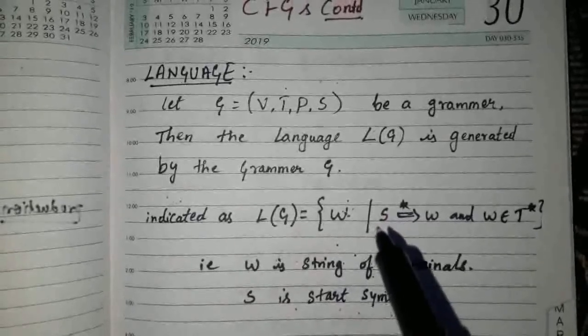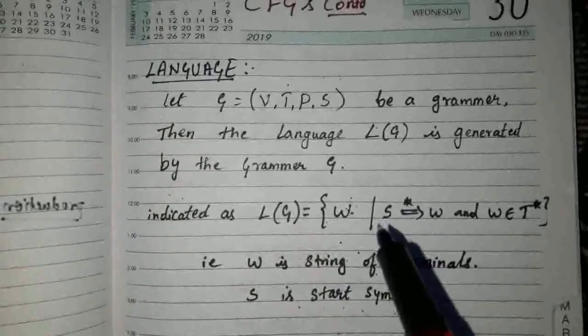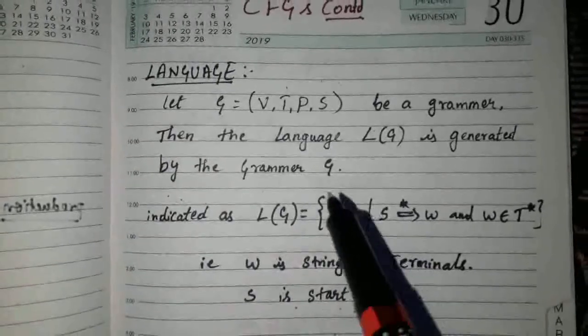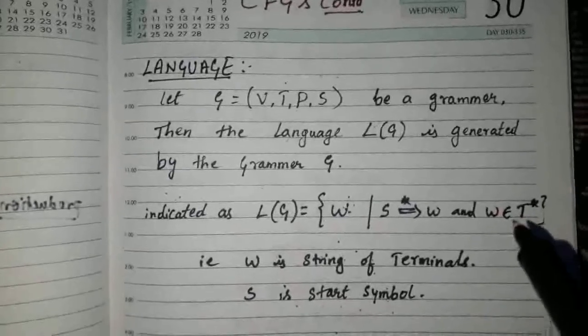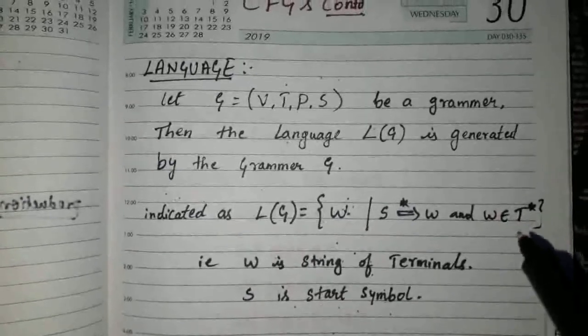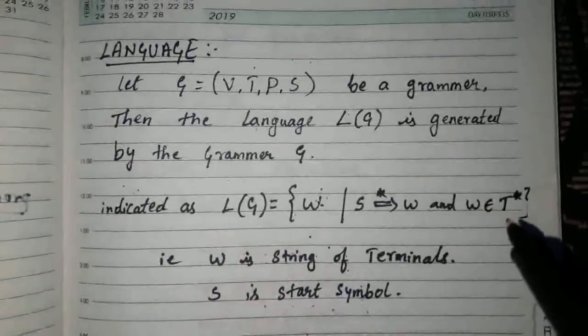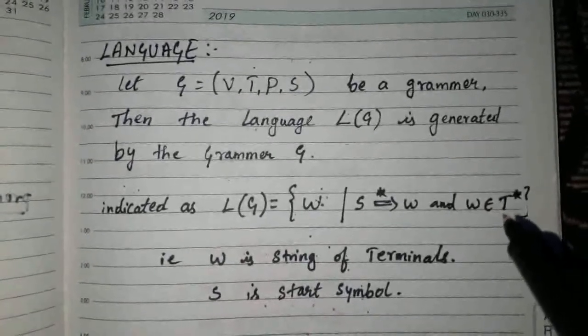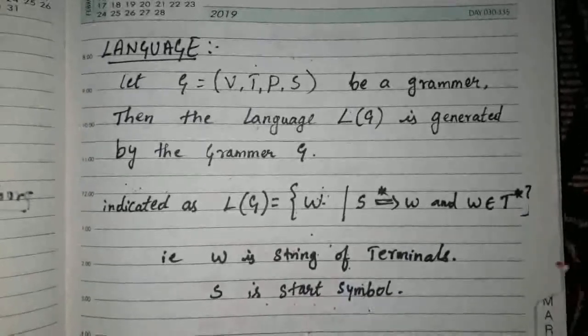We started with the start symbol of the given grammar, and W is a combination of terminal symbols. We know what terminal symbols are from yesterday's class. We know that terminal symbols are the symbols that are in lowercase, right?